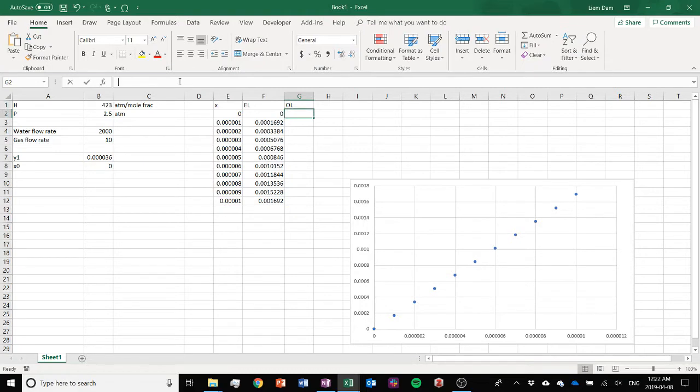So the operating line equation is L divided by V times X, plus Y1 minus L over V X0. X0 is 0, so we can just ignore that, and we can just add Y1, and that should be sufficient. And let's just make sure that the cell values don't change.